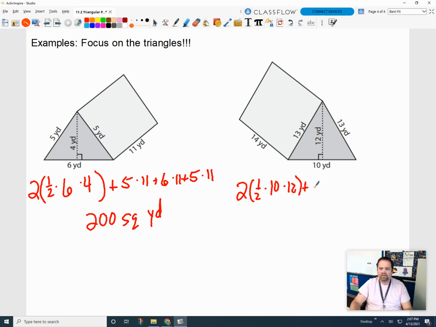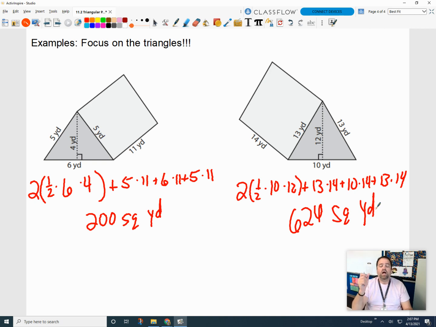And then I've got a 13 by 14 side, a 10 by 14, and another 13 by 14. That's 624 square yards.